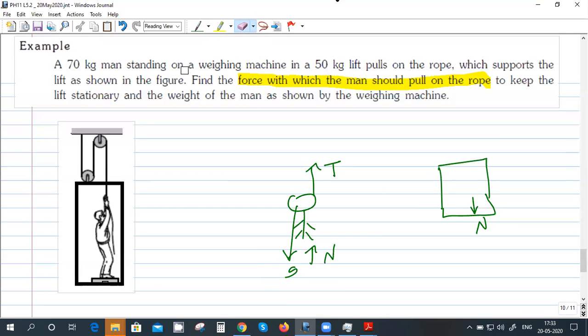Sir, I answered the second part of the question, the weight of the man as shown by the weighing machine. I didn't answer the part about finding the force by which the man is pulling the rope. Okay. Free body diagram of the man: there are three forces, right?